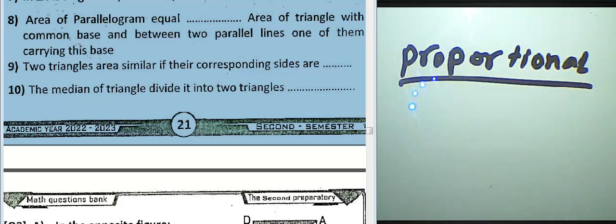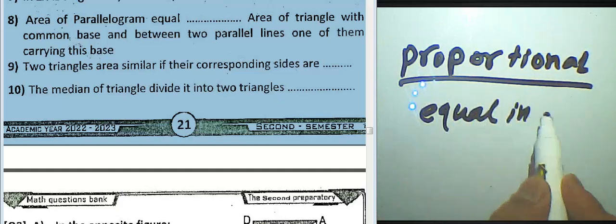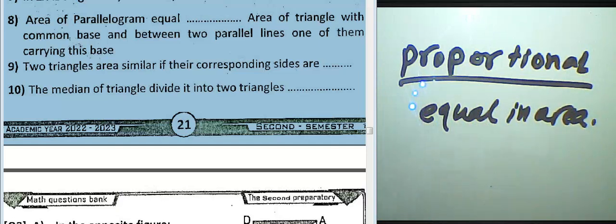Question 10. The median of a triangle divides it into two triangles equal in area.